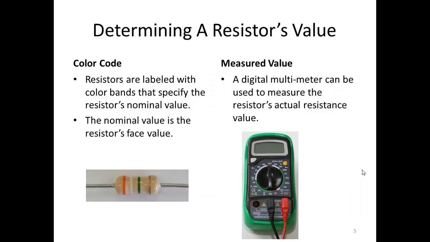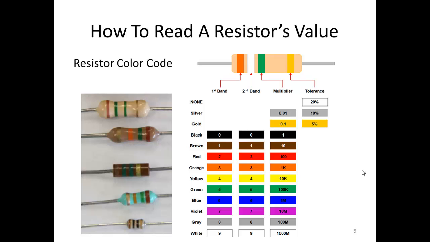They're labeled with a color code, and we use that to determine the resistor's value. You can also measure a resistor's value using a multimeter. Now let's talk a little bit about how to read a resistor's value. You have the first band, the second band, the multiplier, and the tolerance, and then there is a color code.